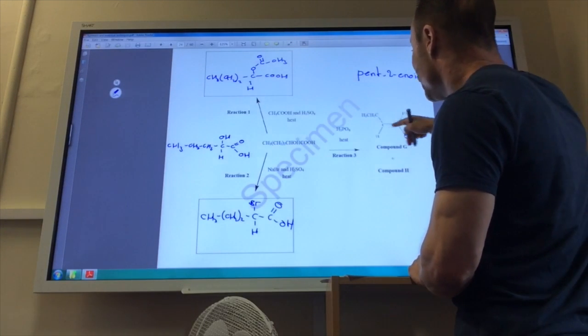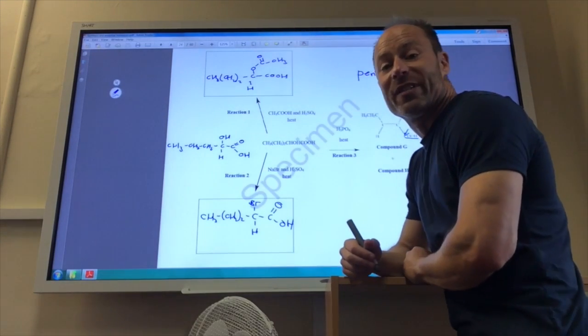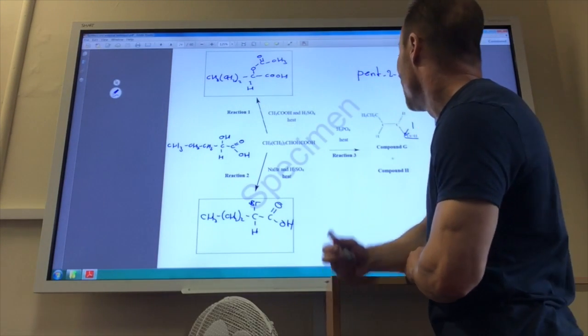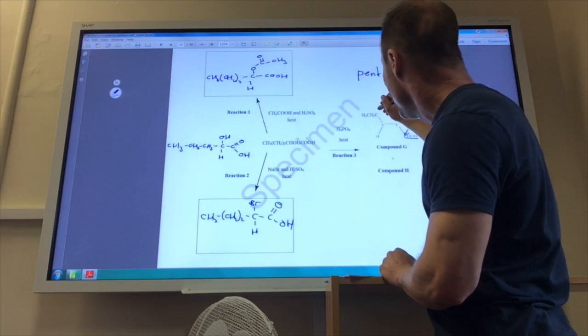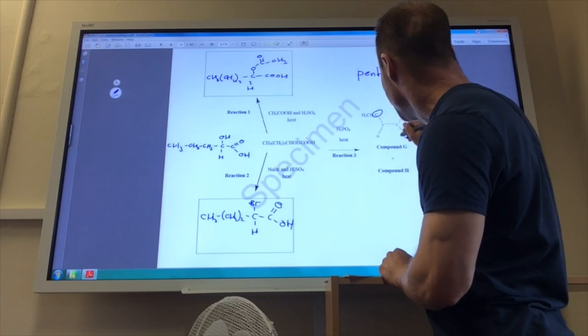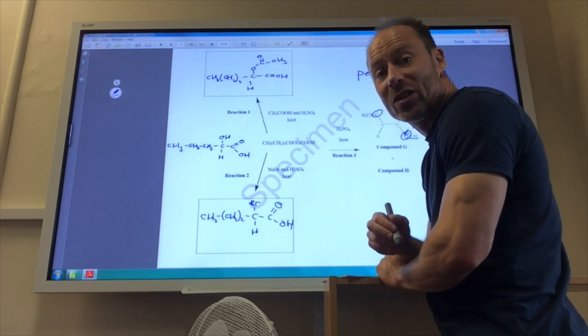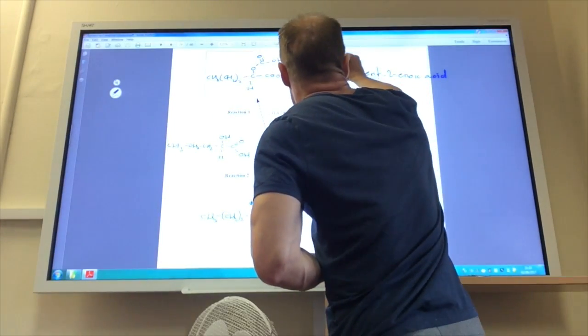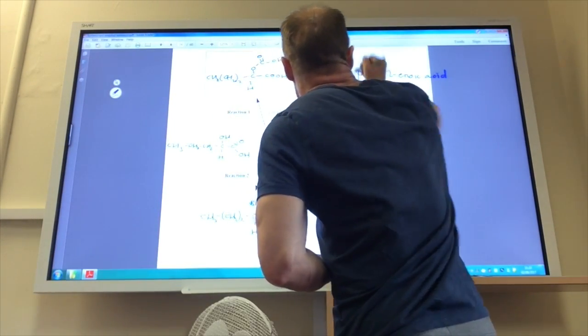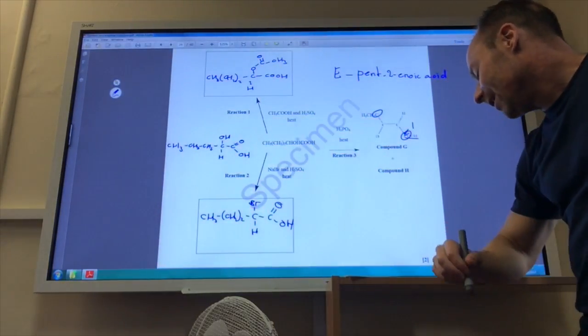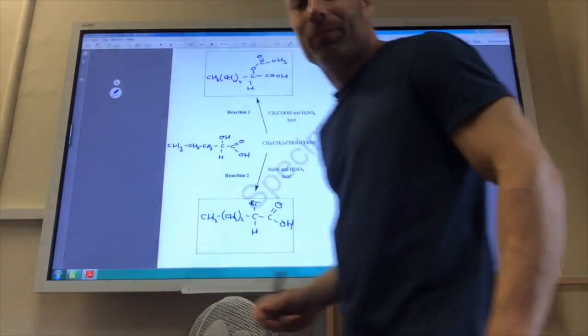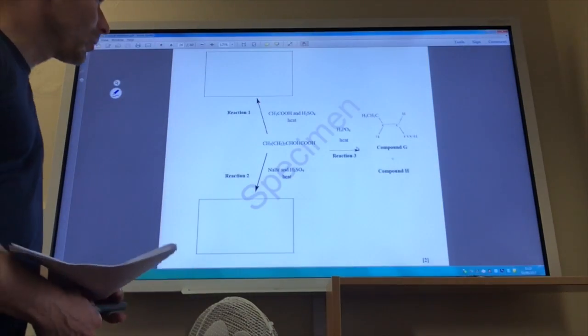And now, because I've got a double bond, I need to see whether it's an E or Z isomer. Your two highest priority groups are going to be that one and that one. Therefore, they are on opposite sides of each other, and therefore it is the E isomer. So it is E-pent-2-enoic acid. Well, I'm going to keep this one up.